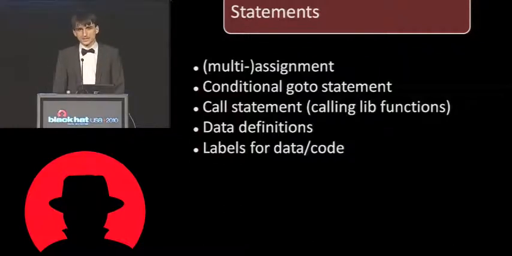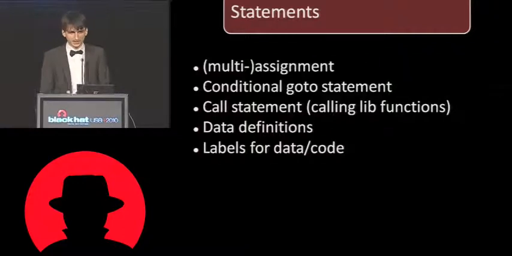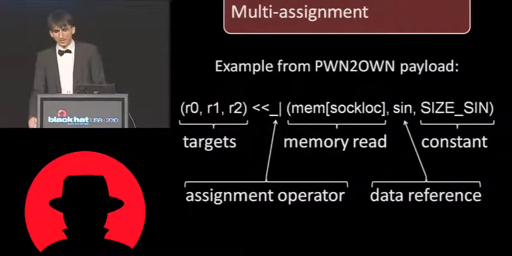The other thing is data definitions, obviously. You may want to have some of those in your code as well. And obviously you then need labels for these data definitions and for the code if you want to make use of the conditional go-to statement.